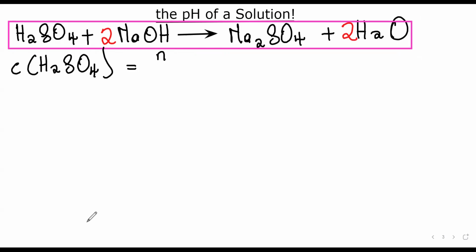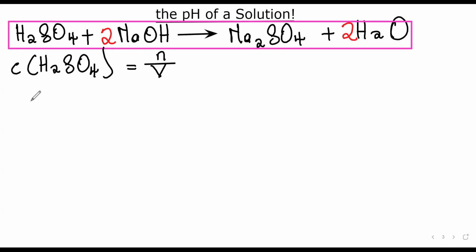It's defined as the number of moles divided by the volume. And I'm specifying because I'm dealing with 2 substances in the same question. Don't just say C equals n over V. The marker doesn't know who it's for. So always specify. A scientist is very specific. Okay?